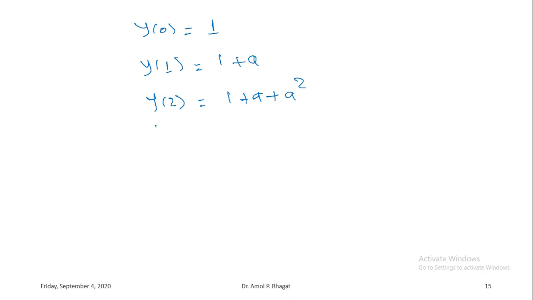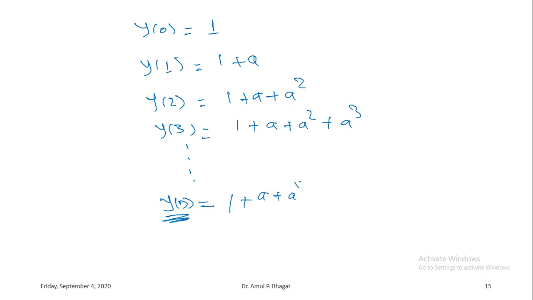So what will be y of 3 then? Y of 3 will obviously be 1 plus a square plus a cube and so on, right? So finally, if I want to identify y of n, because ultimately I am interested in y of n, that is the total response of the system, it will be 1 plus a square plus a cube plus and so on.